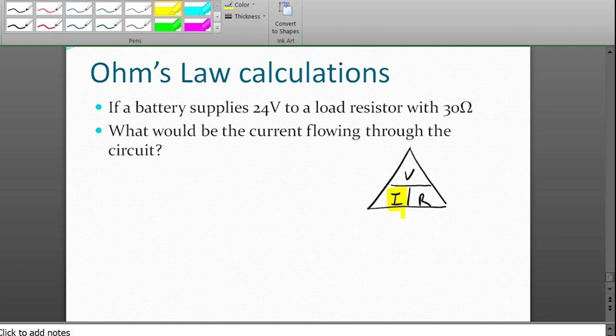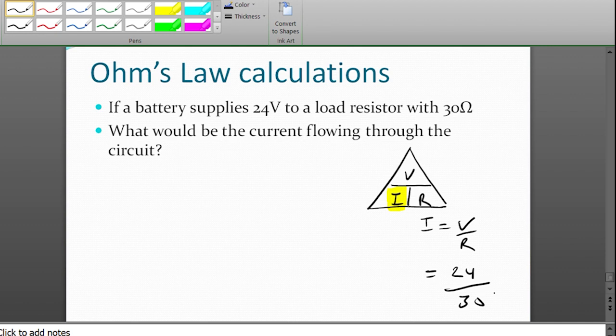This reveals the formula for calculating the current, which is V over R, and that means that V is divided by R. So I is equal to V divided by R. Right? You put in the values, and V is 24 volts and R is 30 ohms.